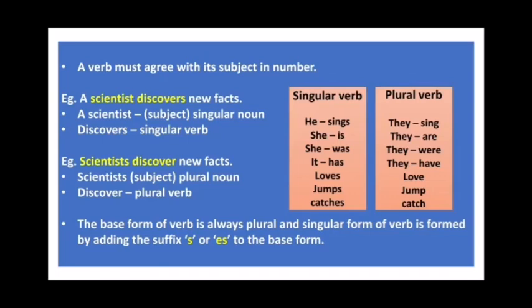It has, they have. Then we have loves and love. Jumps, jump. Catches, catch. So you can see in the singular verb we have the S added to it, and in the plural verb we do not have S added to it.